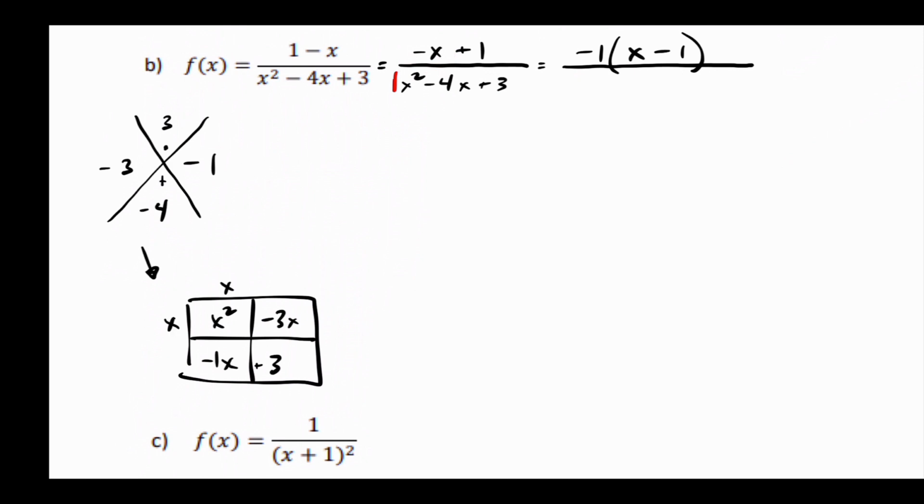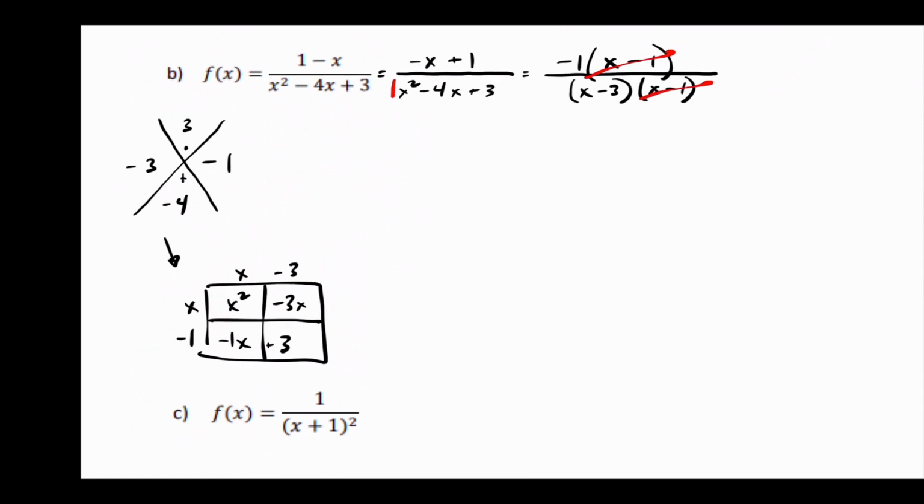X times x makes x squared, -3 and -1. Factor. Anything cancel out? X minus 1s will, right?